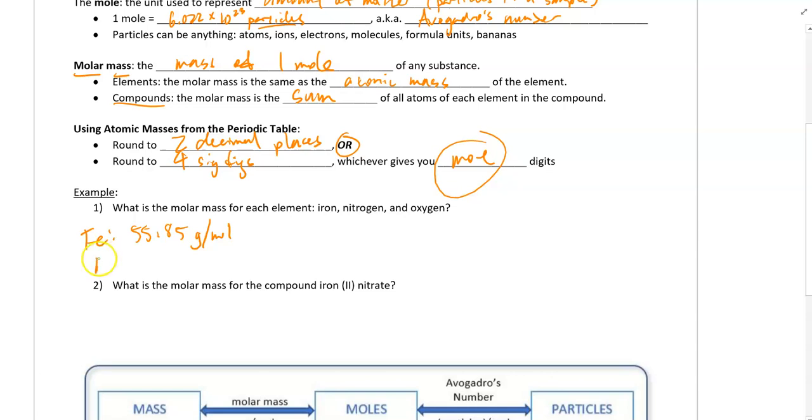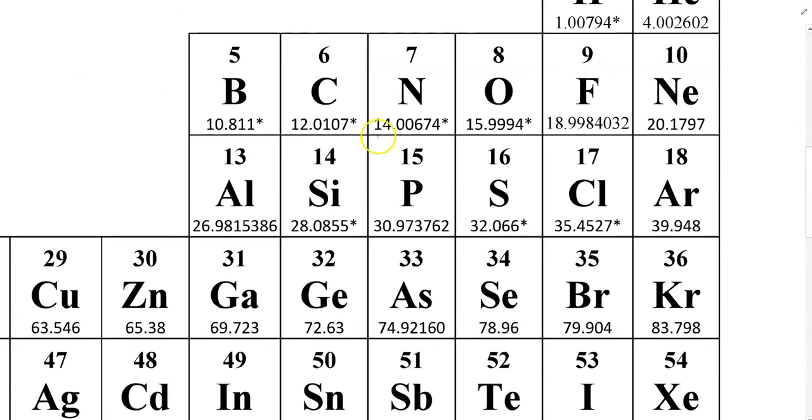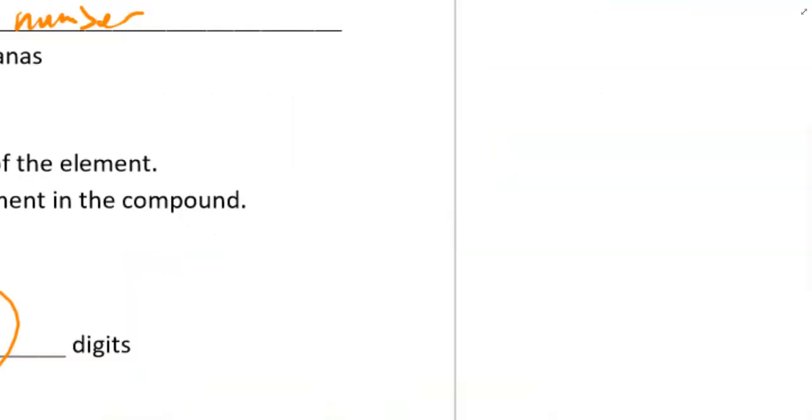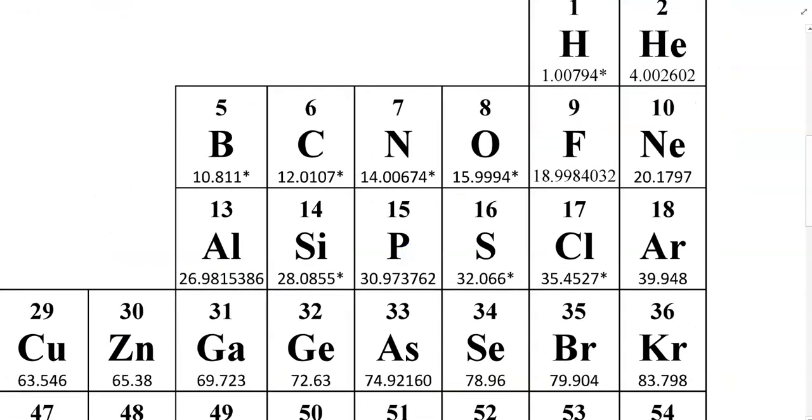All right, nitrogen, again over here on the periodic table. Finding nitrogen, 14.00674. 2 decimal places or 4 significant figures are the same value. So in this case, it ends up being 14.01 grams per mole, the molar mass: grams for every 1 mole. And then oxygen, let's look at the periodic table: 15.9994. This gets rounded at this position because 2 decimal places and 4 significant figures end up at the same spot.